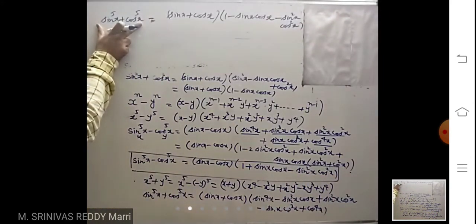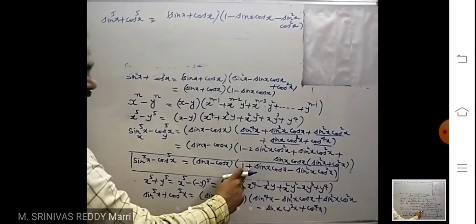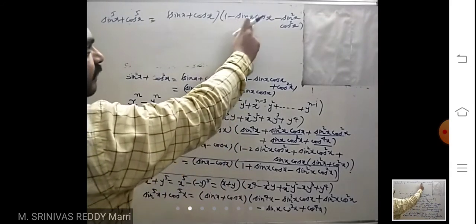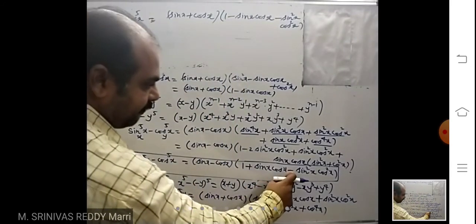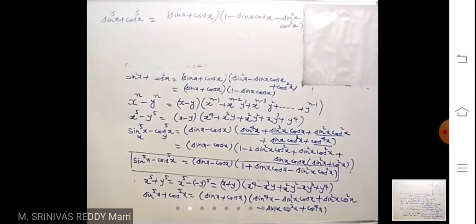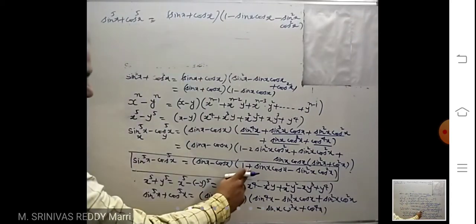Sin power 5x plus cos power 5x is nothing but sin x plus cos x into, here you will get 1 minus sin x cos x, and the same minus sin square x cos square x. The difference is here minus will be there, here plus will be there. So the difference is here plus will be there, here minus will be there.